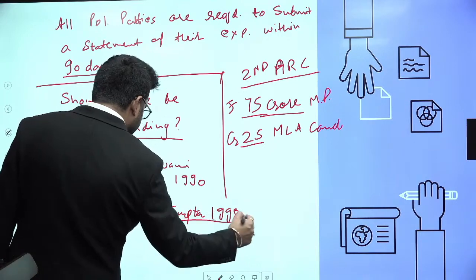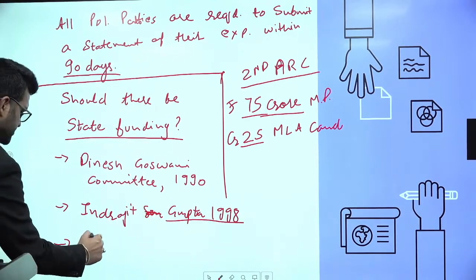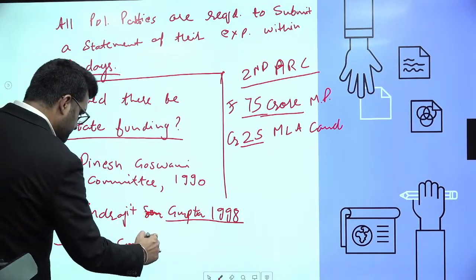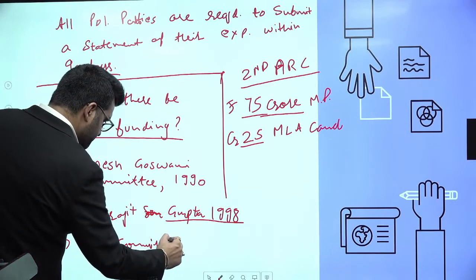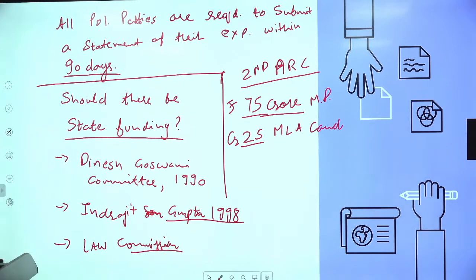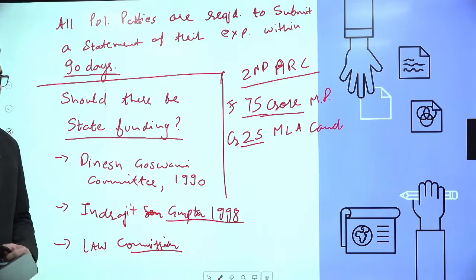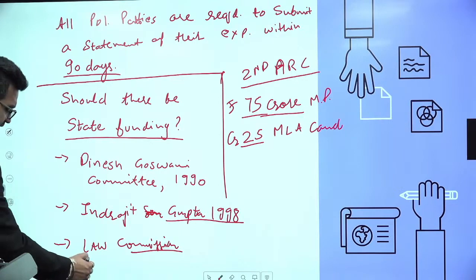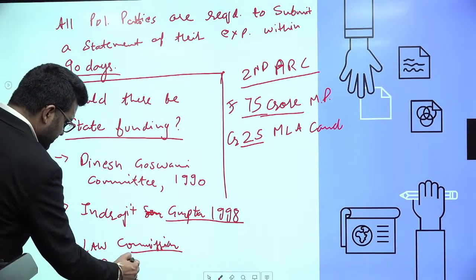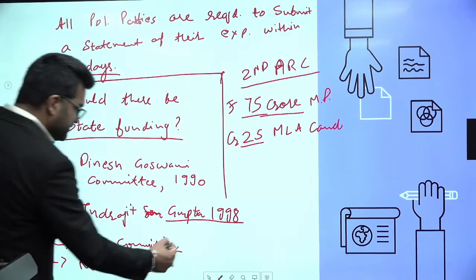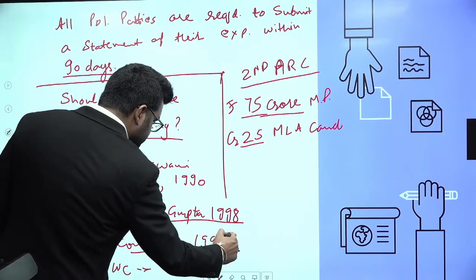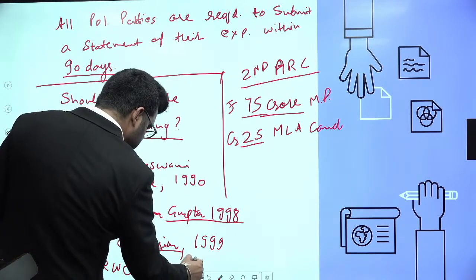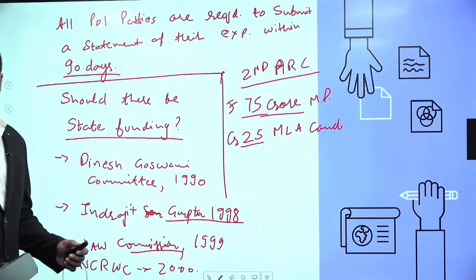Third one is Law Commission report 1999. Then last one was NCRWC, National Commission to Review the Working of Constitution 2000.